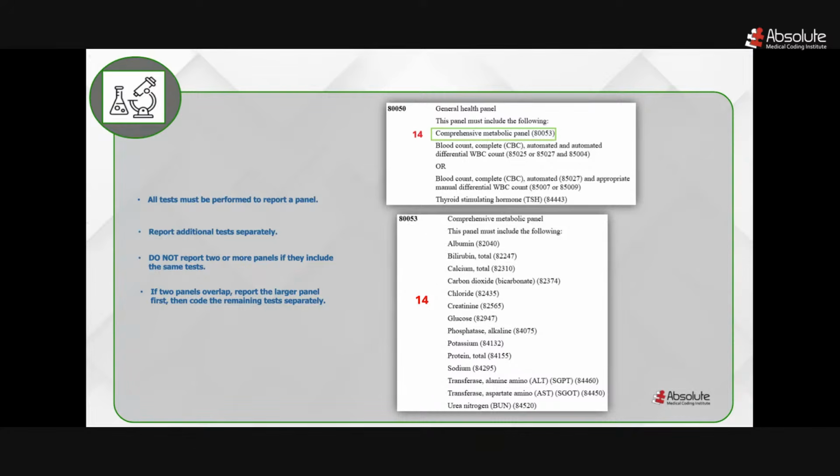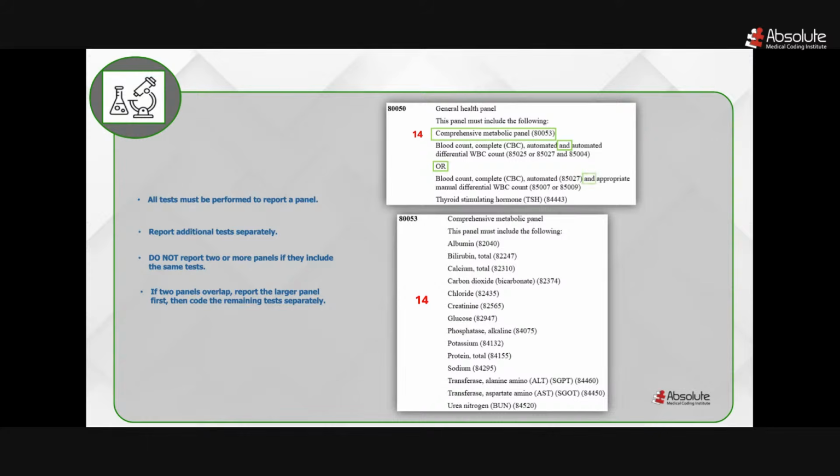And from this, I can see that the general health panel already has the 14 tests from the comprehensive metabolic panel. Along with that, you also have a CBC, complete automated and automated differential WBC count, or a blood count, complete automated and appropriate manual differential WBC count. So that's two tests over there.